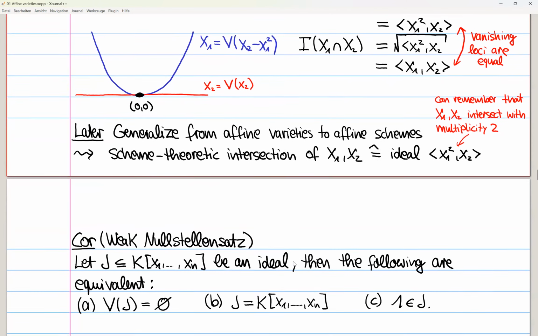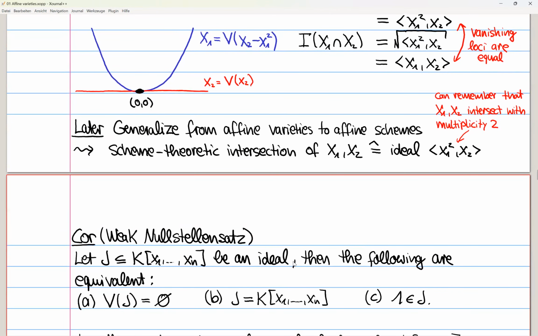And then finally, there is a nice corollary of the Nullstellensatz, which just says that if you have any ideal, then the following are equivalent. Its vanishing set is empty; the ideal is actually not a proper ideal, but it is the whole ring; and 1, or any unit, is contained in the ideal.